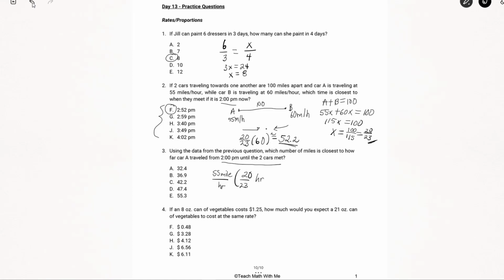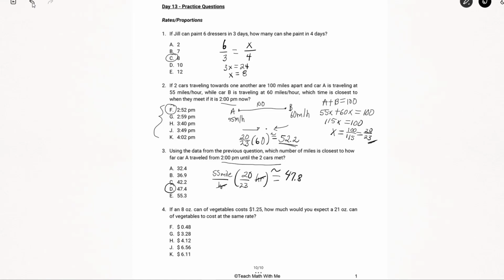That was the amount of time in hours, so our hours cancel out. We take the 55, multiply by 20, divide by 23, and I get approximately 47.8. I think the rounding with the 20 over 23 versus the 52 minutes gives us a little variation. We're closest to D, 47.4.